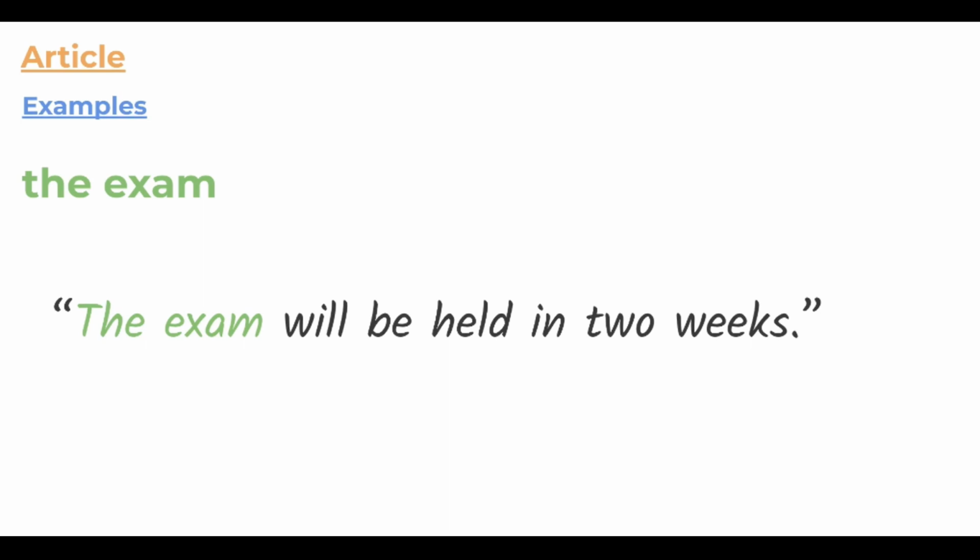However, if I'm taking the IELTS exam and I'm talking to a stranger on the street about my IELTS exam, I wouldn't want to use the exam because they don't know what I'm speaking about. So maybe I'd use an exam will be held in 2 weeks for that situation. So context is always so important.